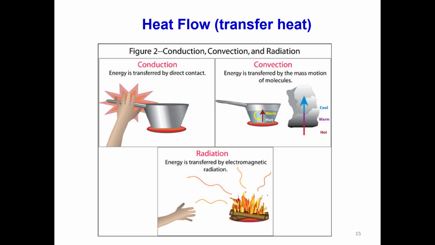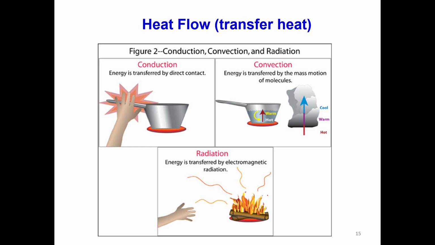There are three different mechanisms by which heat can flow, or can be transferred. One is by conduction, the other is by convection, and the other is by radiation. Conduction is transfer by direct contact: the two materials must be in contact to transfer the heat.